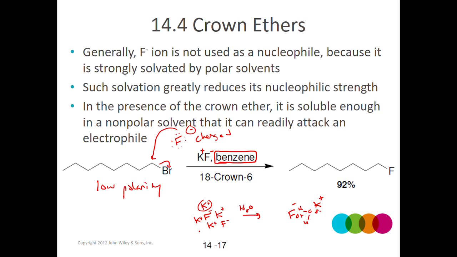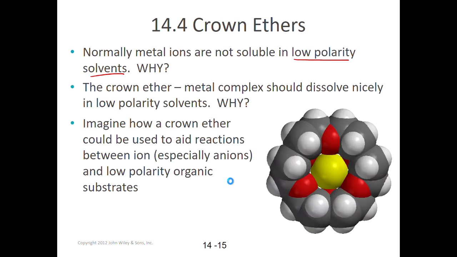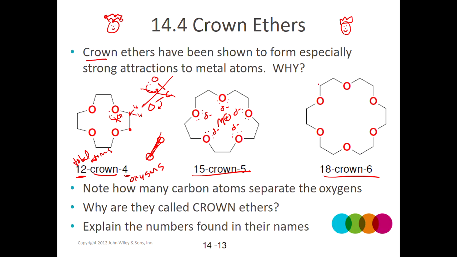You have two reactants you want to combine and collide and be in the same solution, but they're very different polarities, so they don't readily mix. So the 18-crown-6 solves that issue. The 18-crown-6 has, as we showed, the low polarity parts on the outside of the structure.